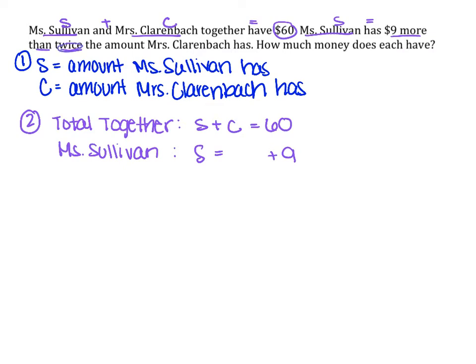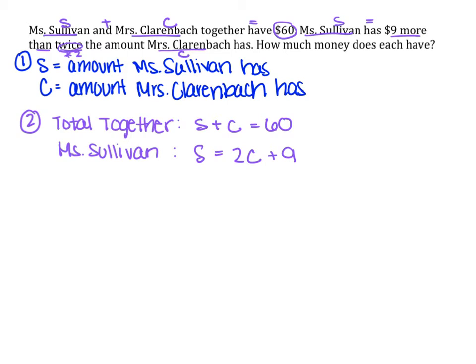"Twice" means I multiply by 2 the amount Miss Clarenbach has, so 2 times C, plus 9. So Miss Sullivan has 2 times Miss Clarenbach's amount plus 9 more dollars. Getting them set up is the tough part. We've practiced a lot of solving by now.